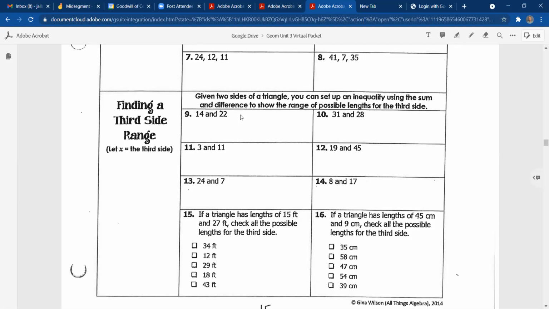Now, what if the 14 and the 22 were the 2 short sides? How much would the third side of that triangle be in order to actually be a triangle? If these numbers here in number 9 are the 2 short sides, what do I need the third side to be?